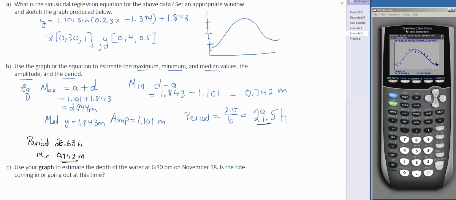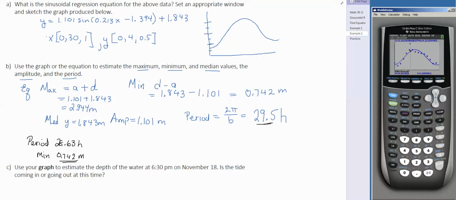If we do our maximum, we go second, trace, and number 4 for maximum. We have to move our cursor over to the left side of the maximum.